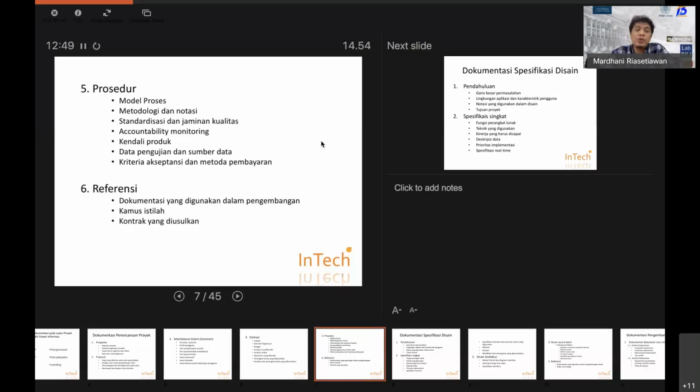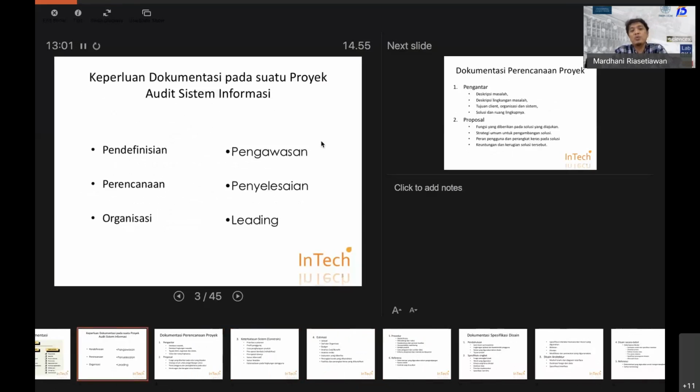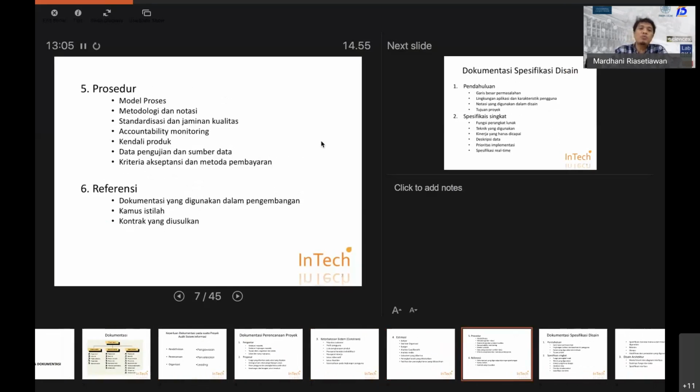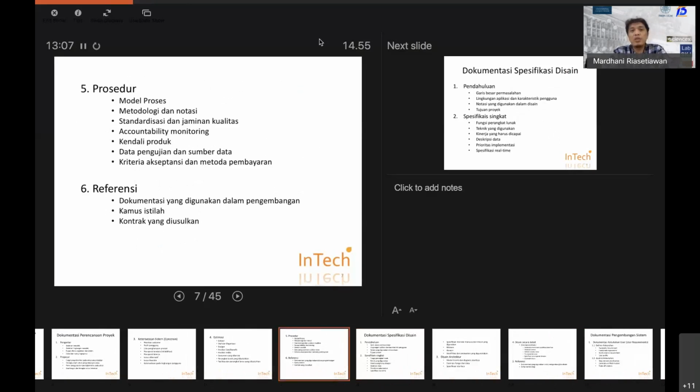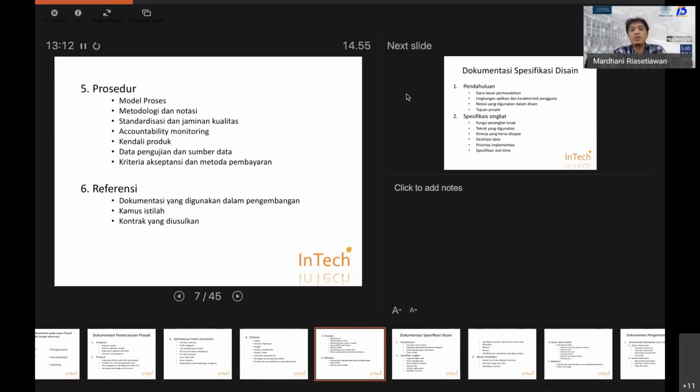So you need to look at it, and then you need to prepare your team, your company or organization, to prepare a good, high quality planning. So you can see here a lot of points of view that we need to comply with. Yeah. So this is the first type of documentation that you need to check when you do some auditing process.